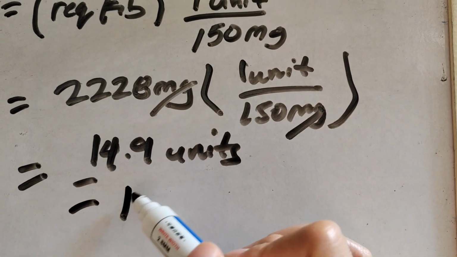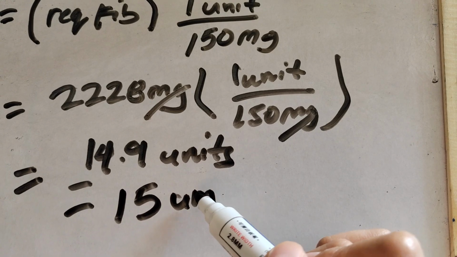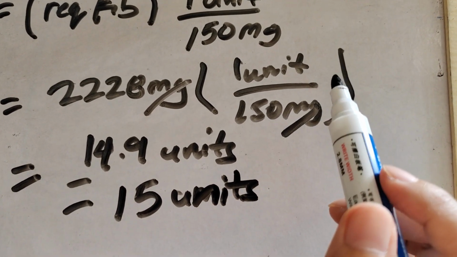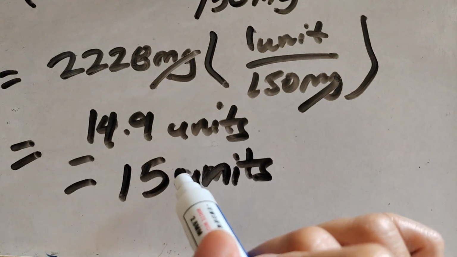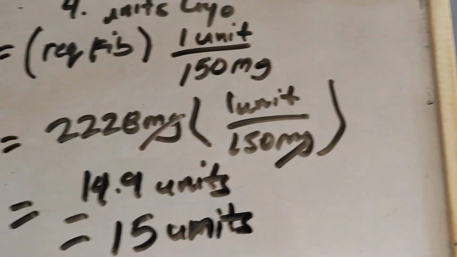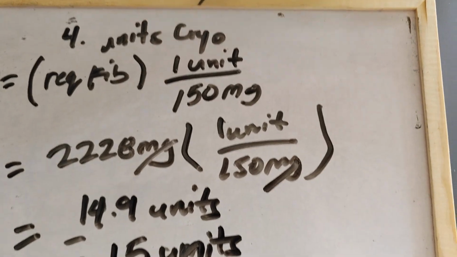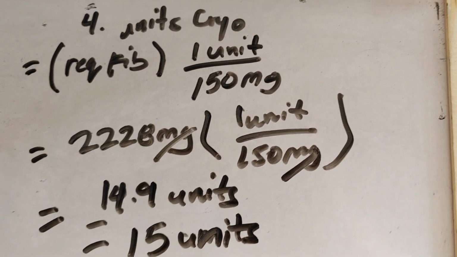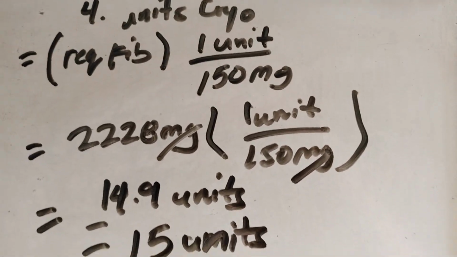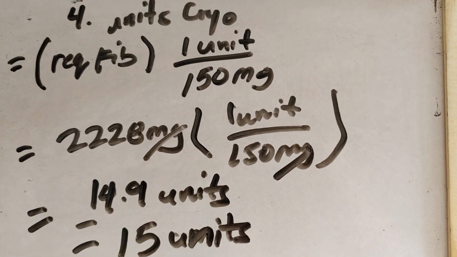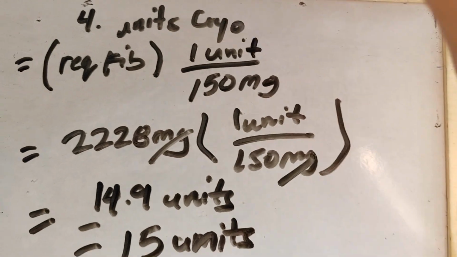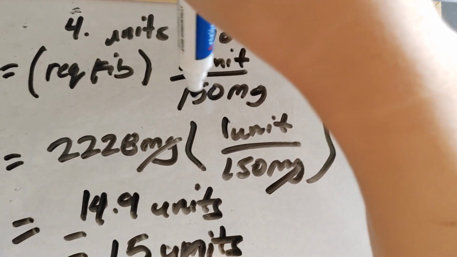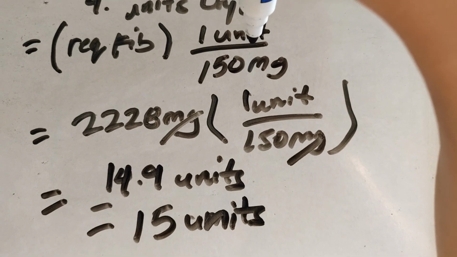Okay, round off 15 units. So, 15 units na ang kailangan natin para ma-attain natin or ma-achieve natin yung 100 mg per DL na ating goal. Okay, 15 units.